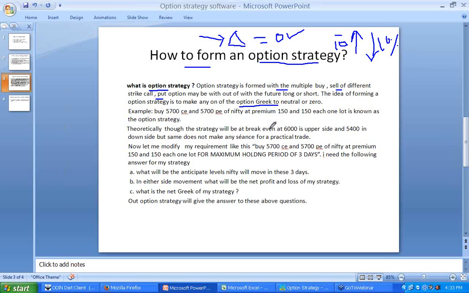So I have given a simple example here. Assume I am buying a 5,700 call option and put option of Nifty by paying a premium of 150 each, one lot.